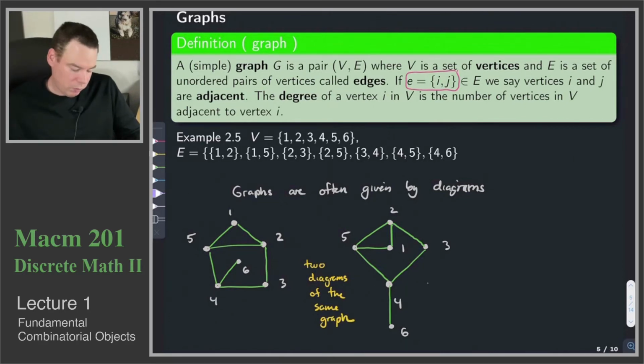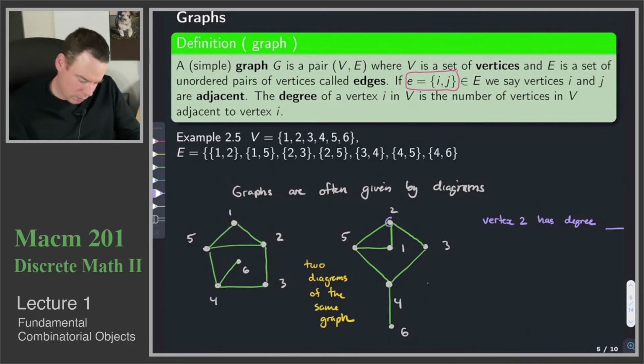Now in the definition we've talked about degree, so we can follow up with that. Let's say vertex 2 has degree what? Well, in the definition, the degree of a vertex is the number of vertices adjacent to that vertex, in this case vertex 2.